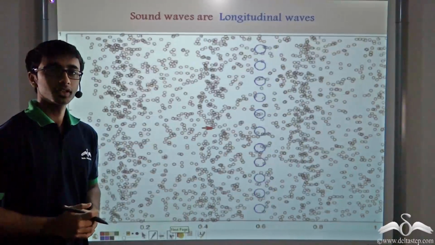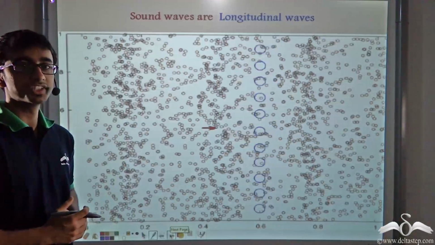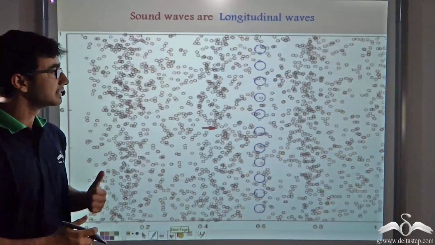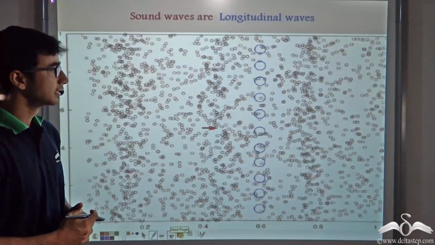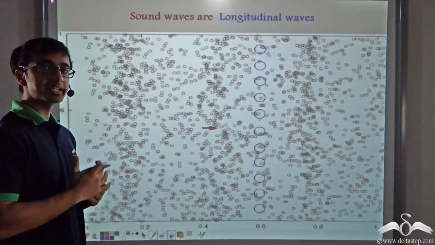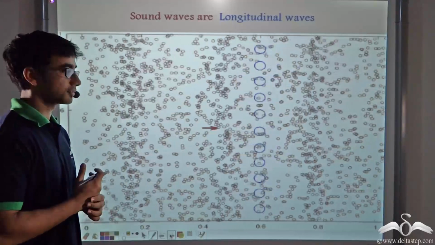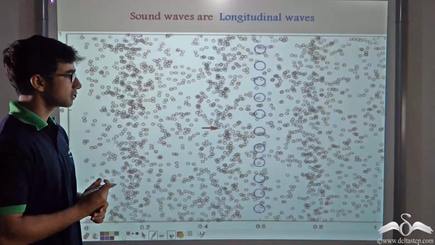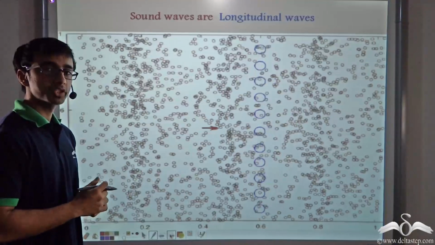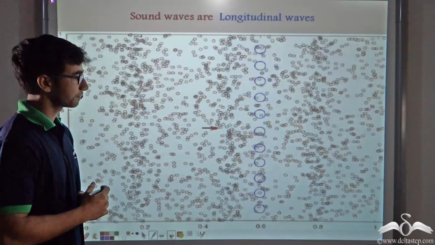Now let's take a look at what happens when sound travels through a medium. In this animation, you find that the medium particles are vibrating to and fro about their mean position. Now consider one medium particle that has been shown by the red arrow.